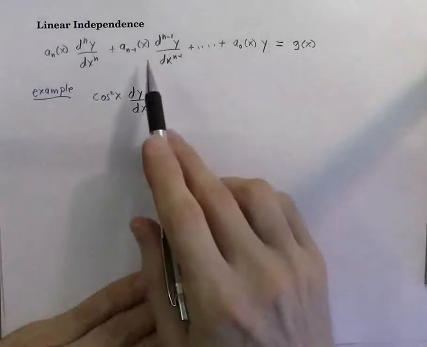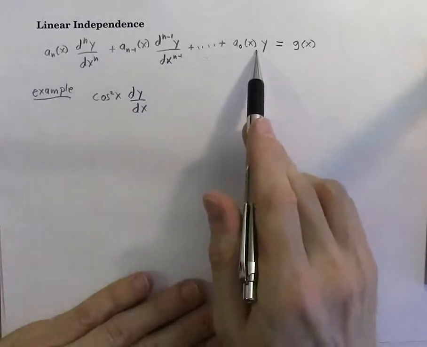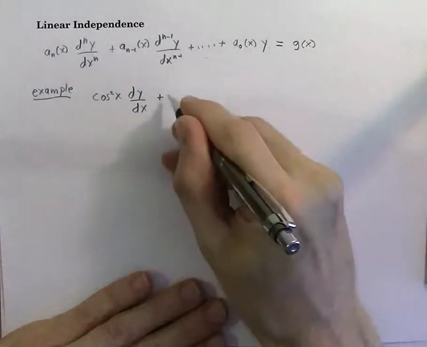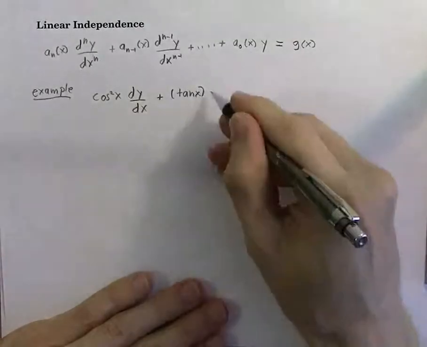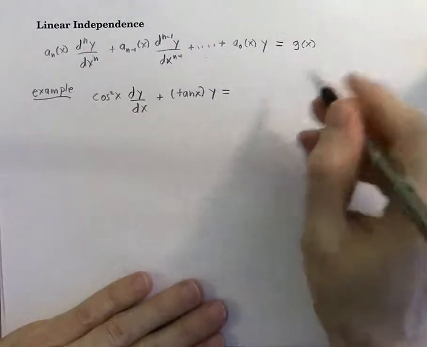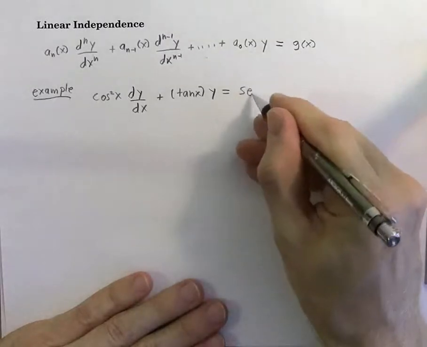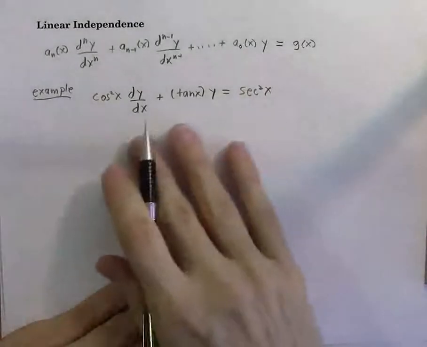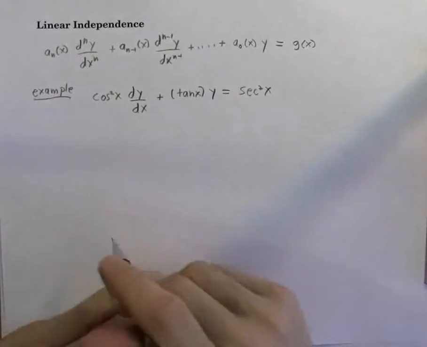And to keep things really simple, let's not include any other derivatives of y, but just go directly to the a sub 0. And that's some other function of x, let's say tangent of x, and then times y. And on the other side, we have to have another function of x, so let's say that's secant squared of x. So there's just an example of a first order linear differential equation.